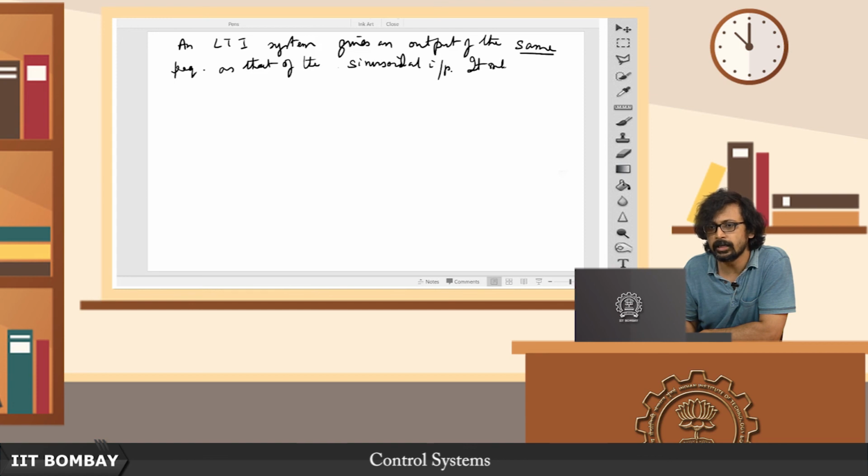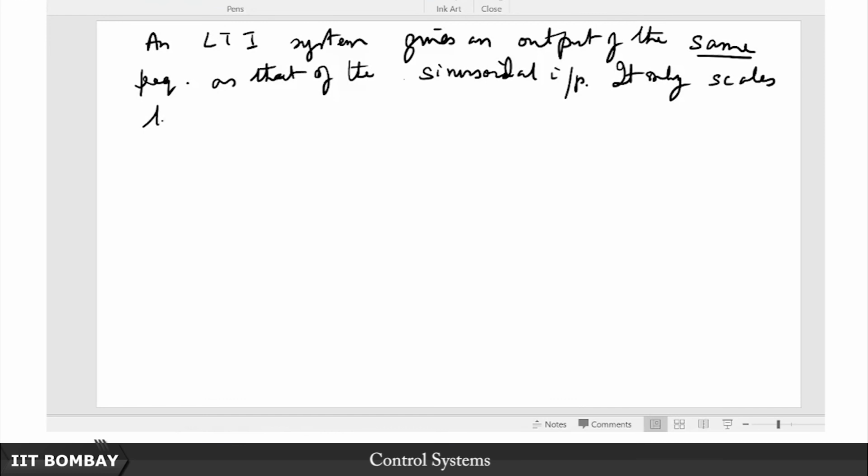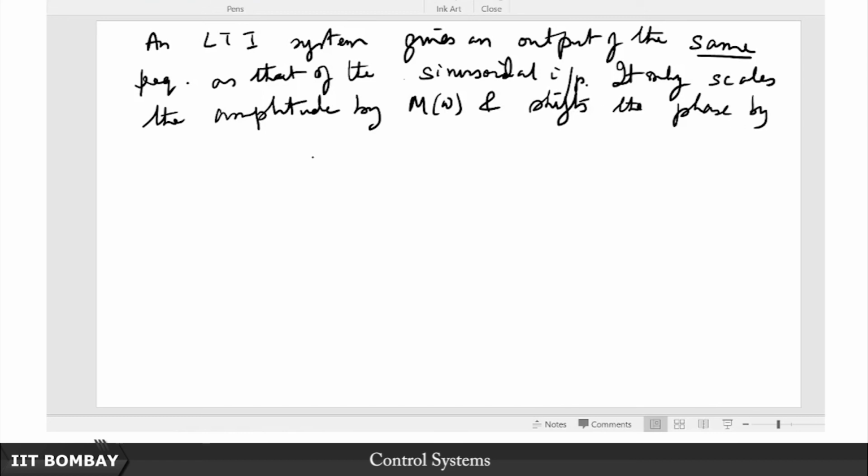It only scales the amplitude by m omega and shifts the phase by phi omega, right. So these are the only two things that can happen in an LTI system.